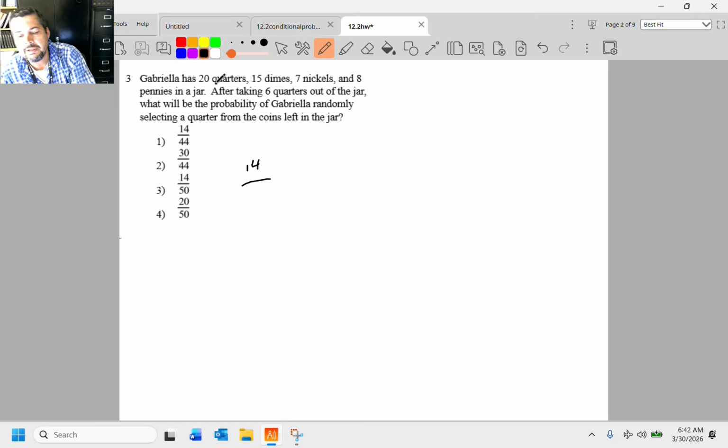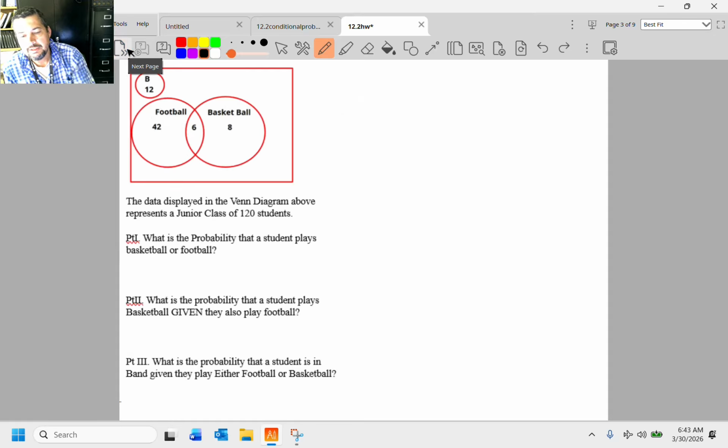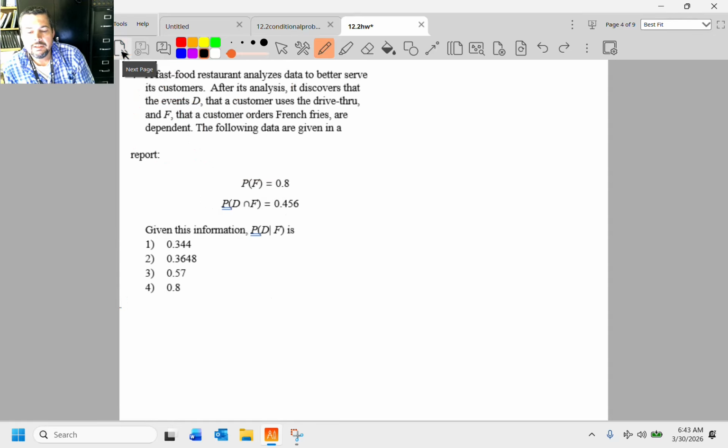Originally, this had 20, 15, that's 35, 42, 50. There were 50 coins. We removed 6. That means there are 44 left. So 14 and 44. Why the author of this question didn't reduce the fraction, I don't know. Not doing it.